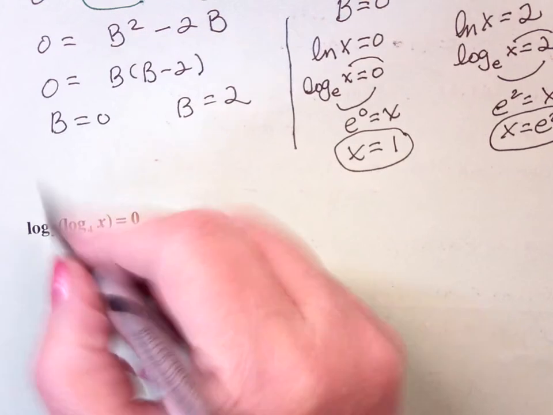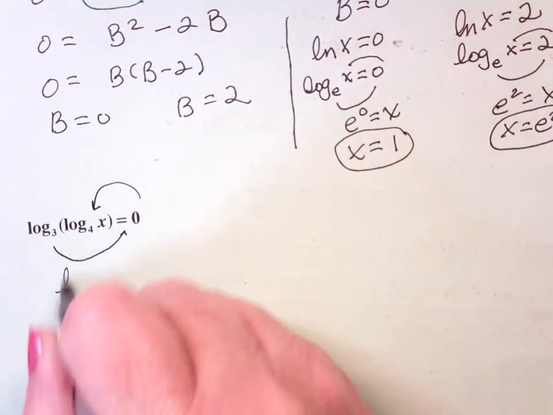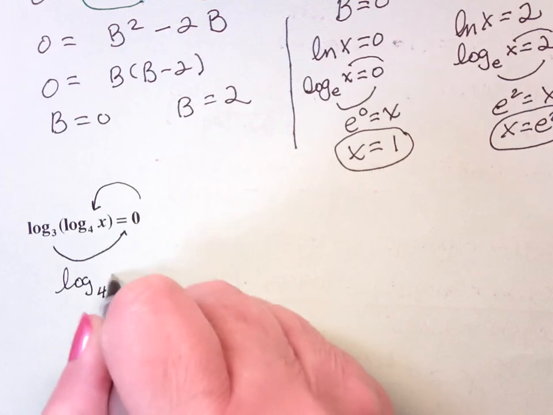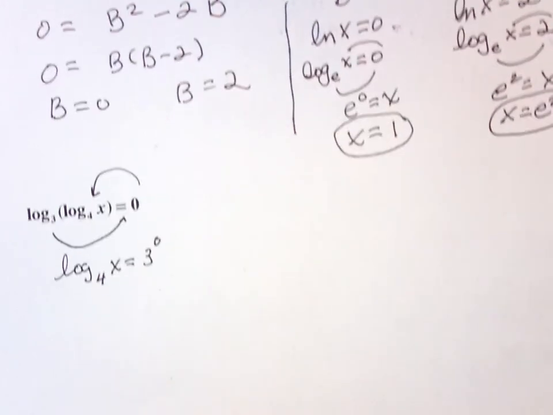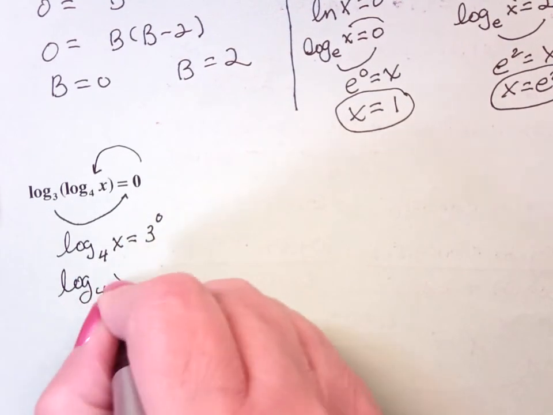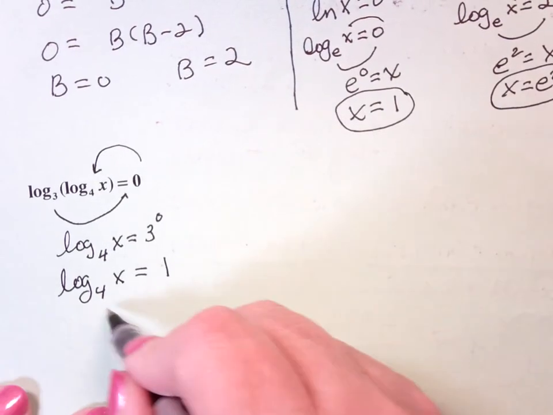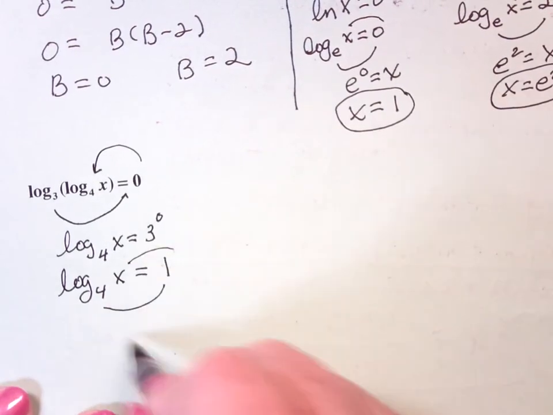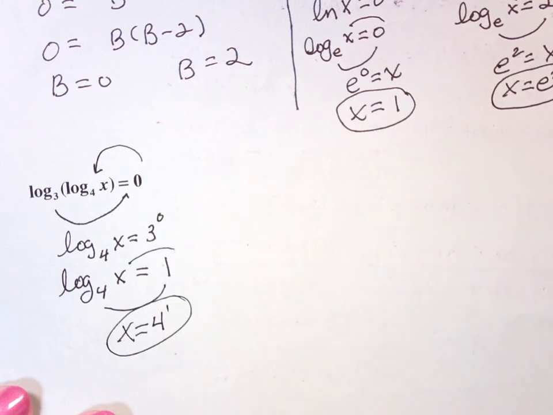I can say 3 to the 0 is equal to the argument, or log base 4 of x equals 3 to the 0. Log base 4 of x equals 1, and then I get to do it again. 4 to the 1 equals x, or x equals 4 to the 1. 4 to the 1 is just 4.